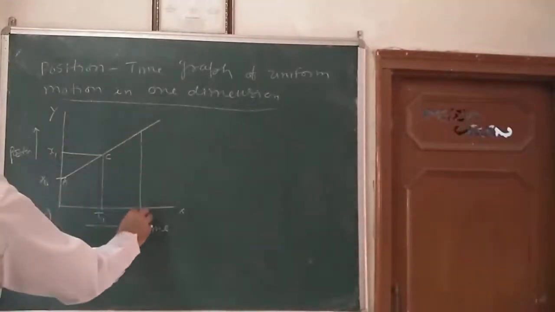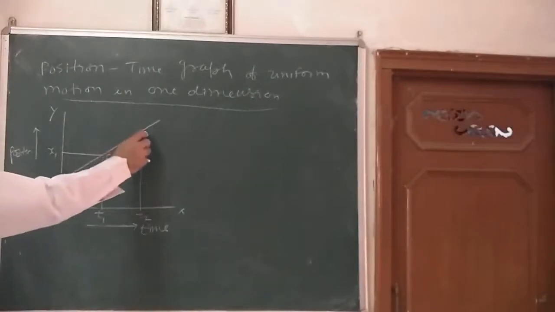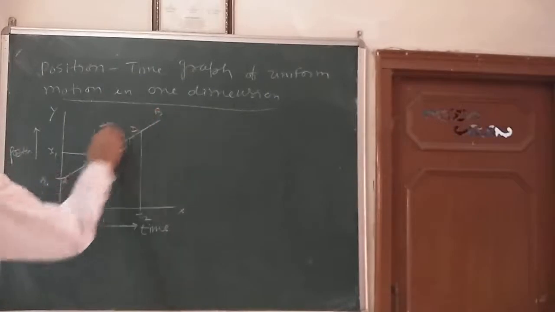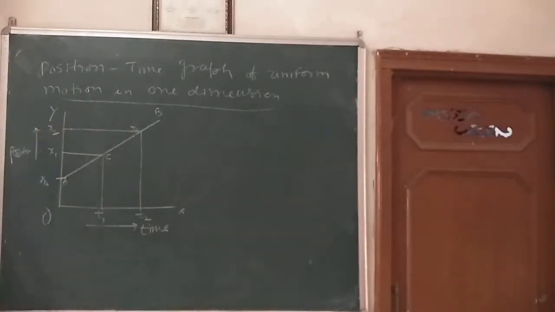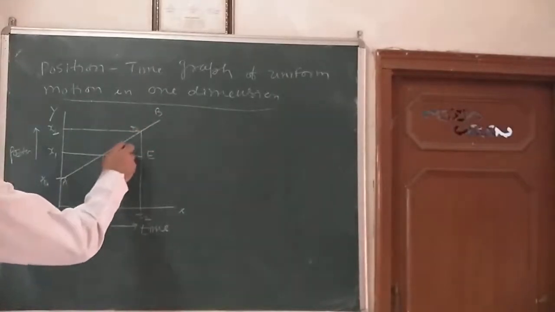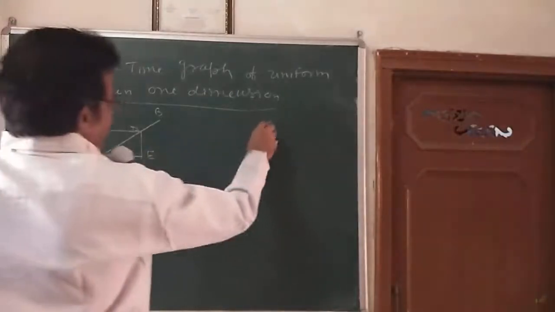After some time, at a time t2, the particle reaches a point D. The final point is B. So the distance here is x2. See this graph. Here C, D and this is E. Say the angle here is alpha. This is the symbol alpha.